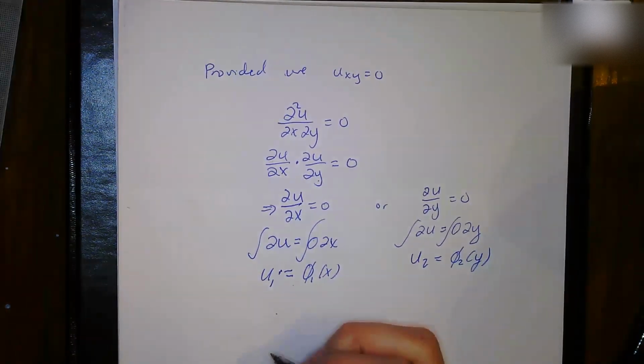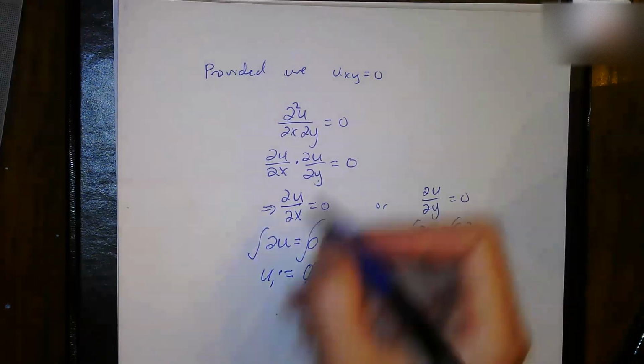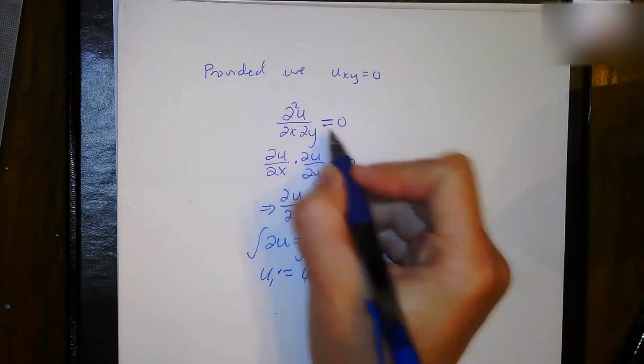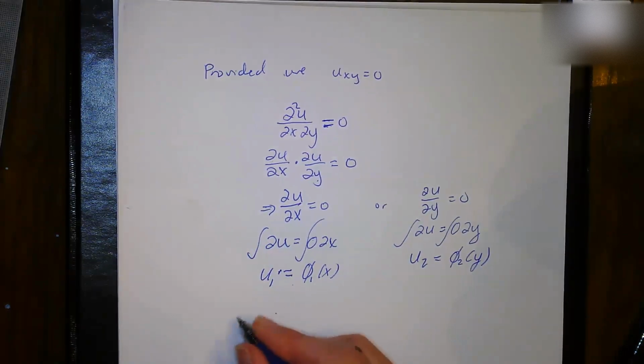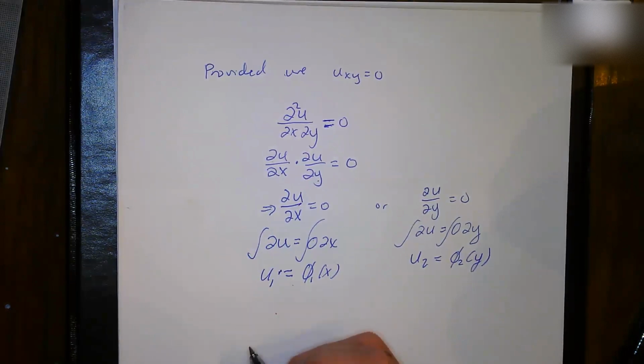And we know that since this is homogeneous, we can apply linear algebra rules, which is that the sum of two solutions is also a solution.